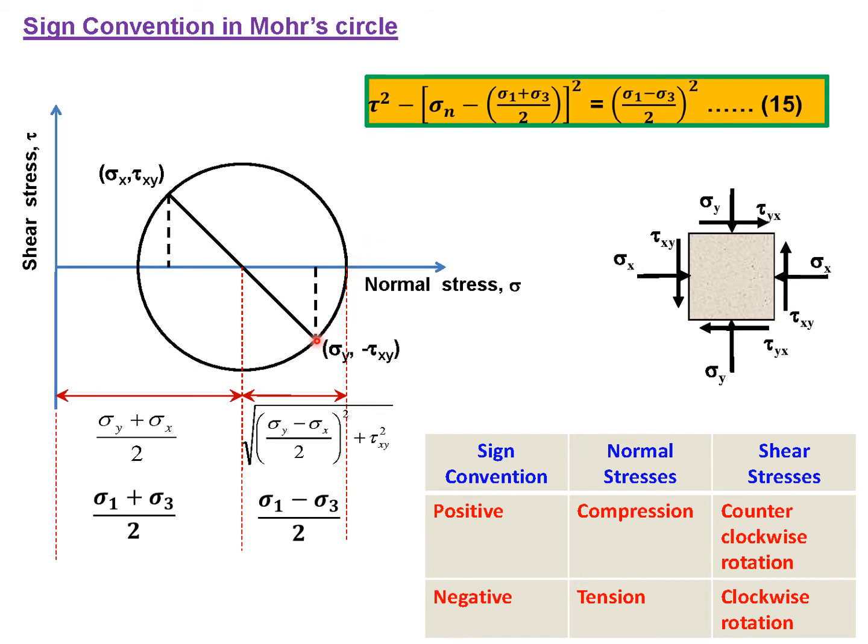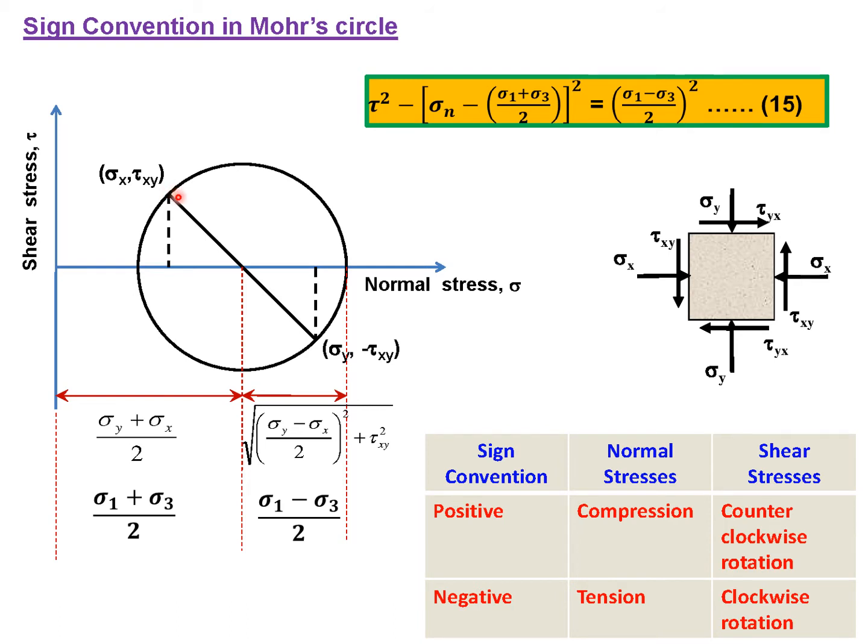But if you look at tau xy, this one, or even this one, this can also be written as tau xy, no problem at all. Because of that, you have the clockwise rotation, so a negative sign is to be used, so minus tau xy. So that's why we have got this point and this point.